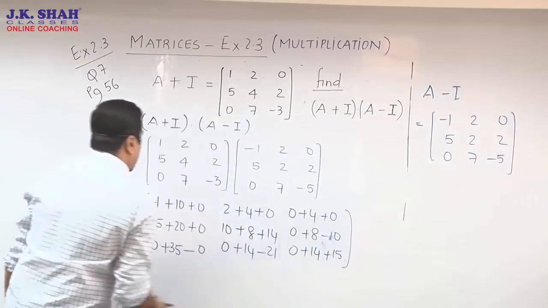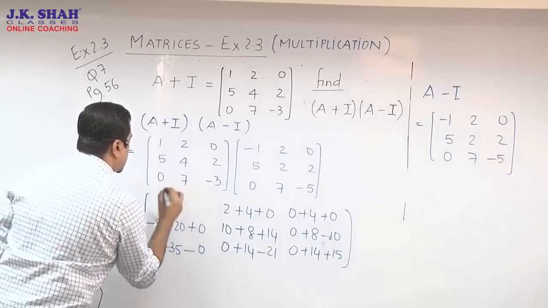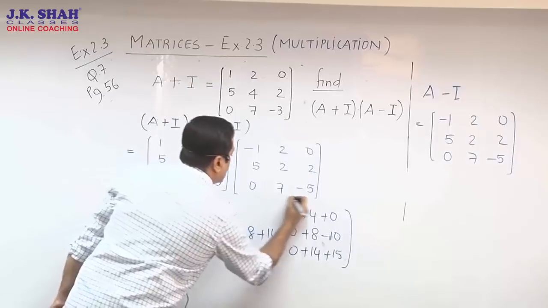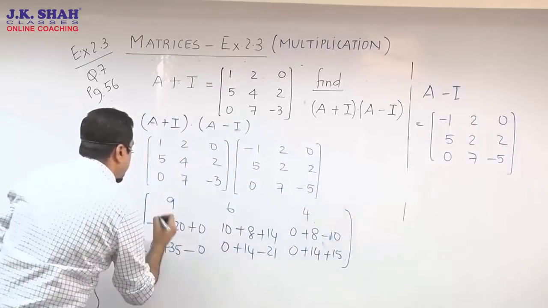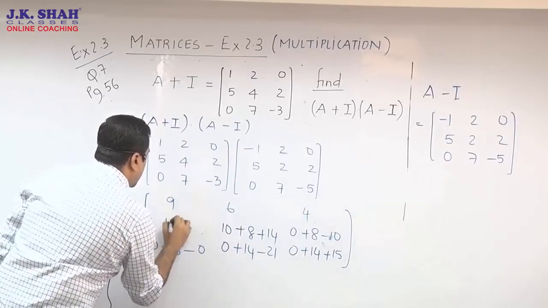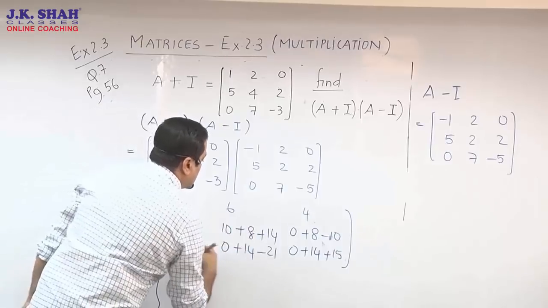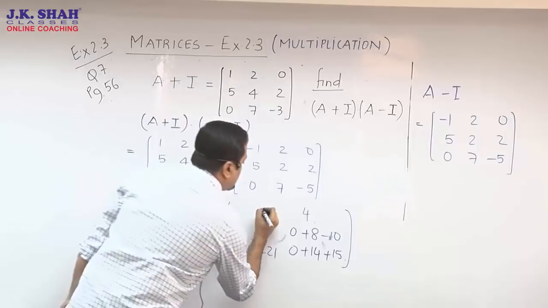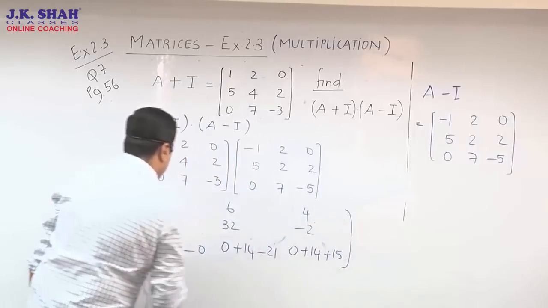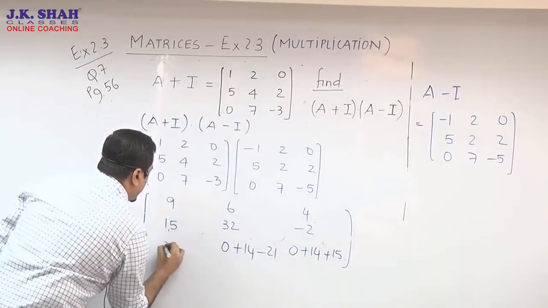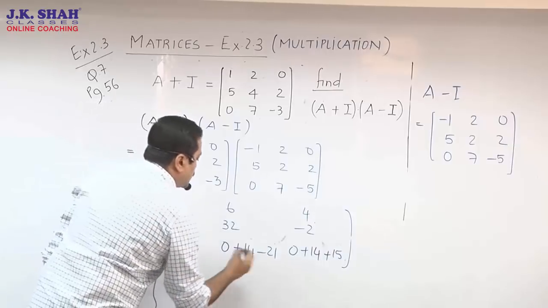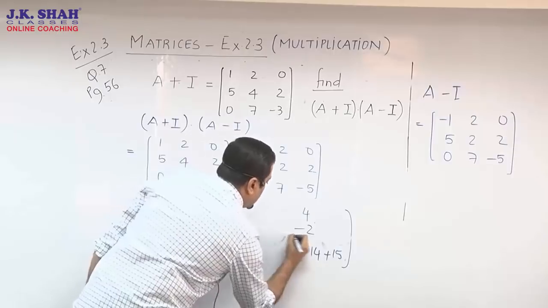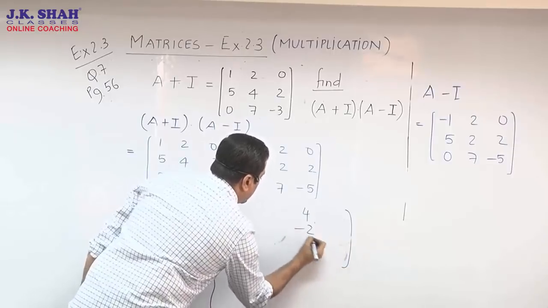So finally your answer should be reading 9, 6, 4, 15, it's 22 and 10, 32, that's 8 minus 10 minus 2, that's 35, that's 14 minus 21 minus 7, and 14 plus 15, that's 29.